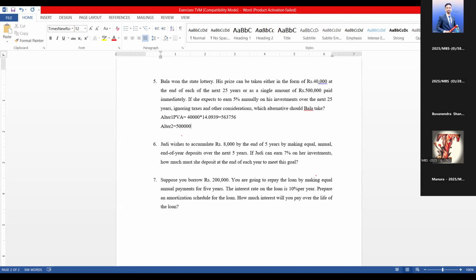You can take the 40,000 annuity for 25 years in the future value interest factor, and then take the 5 lakhs for 25 years at 5% and find the future value in 25 years. I take it as time 0, today's value, and compare both alternatives and recommend the higher alternative. Either way you do, the answer must be the same.